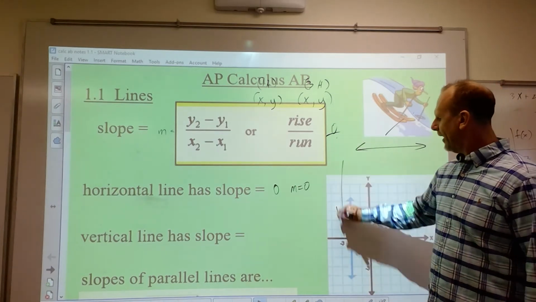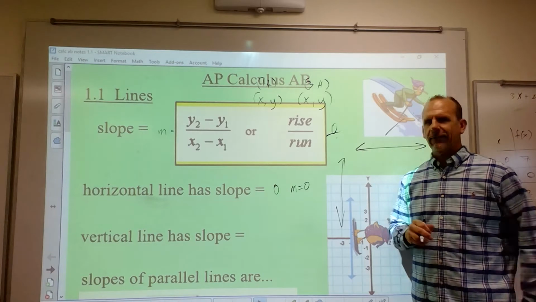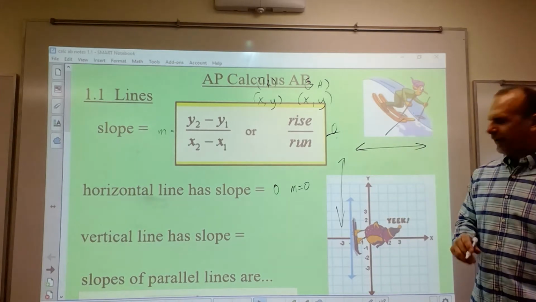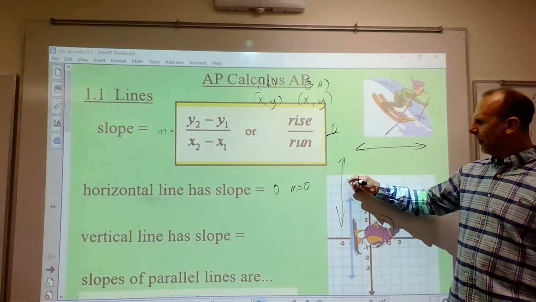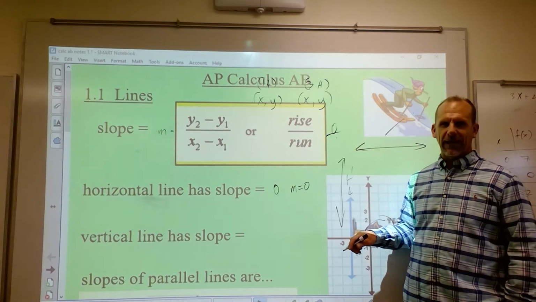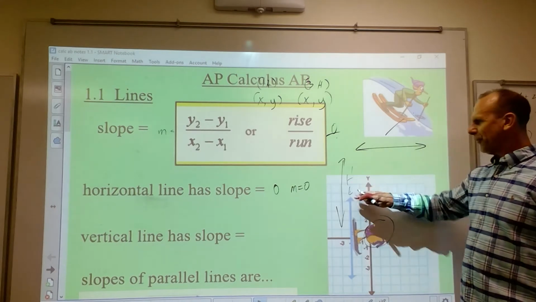Vertical lines, up and down. This is what I tell in class, like on a ski. That's not a slope. That is literally jumping off a cliff and bad consequences.